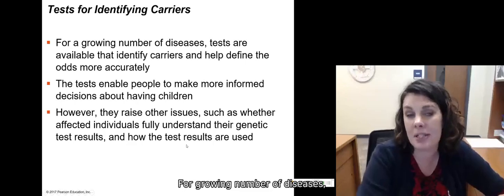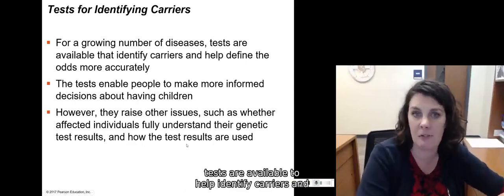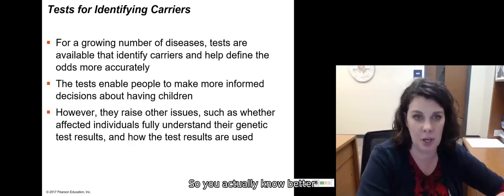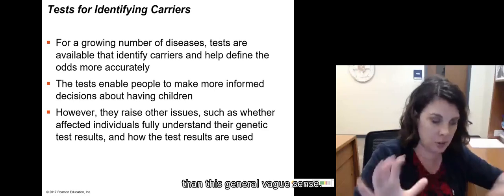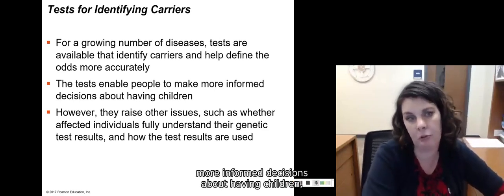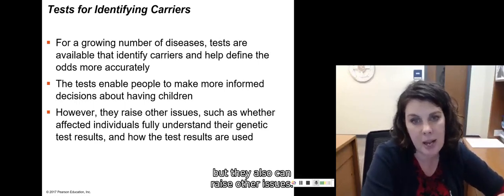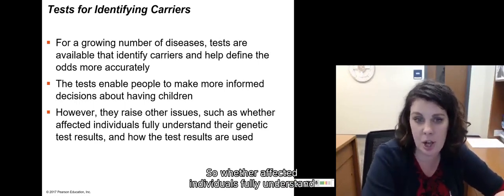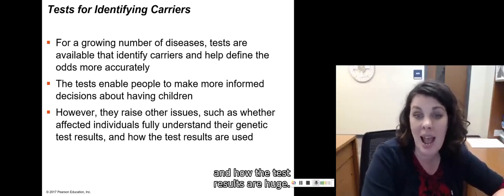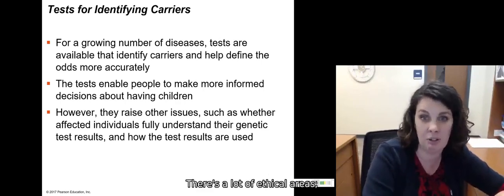Okay. For a growing number of diseases, tests are available to help identify carriers and help define the odds more accurately, so you actually know better than this general vague sense. Tests can enable people to make more informed decisions about having children, but they also can raise other issues, such as whether affected individuals fully understand their genetic test results and how the test results are used.